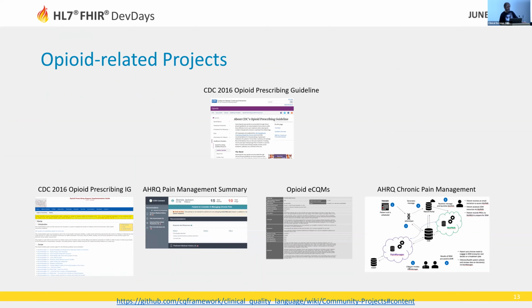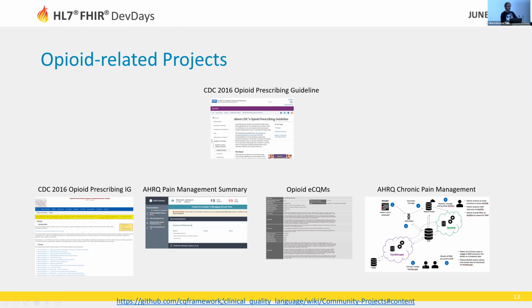So I'm going to walk through some examples of applying this using some opioid-related projects. These are different projects that are all based on the CDC 2016 opioid prescribing guideline. There's an opioid prescribing IG, which is a CPG for all 12 recommendations in that guideline.